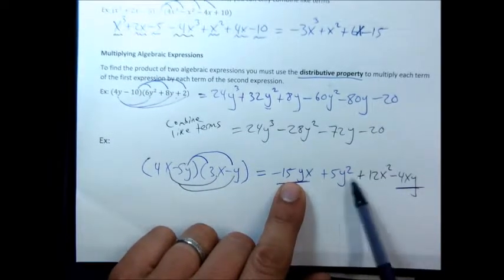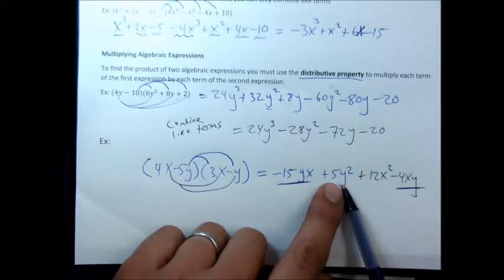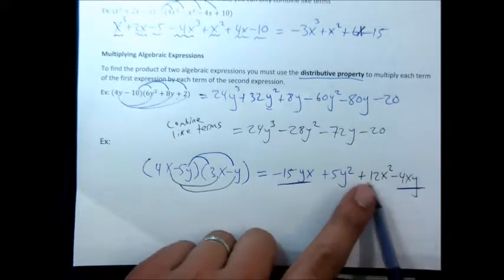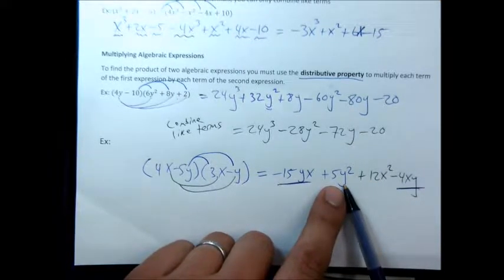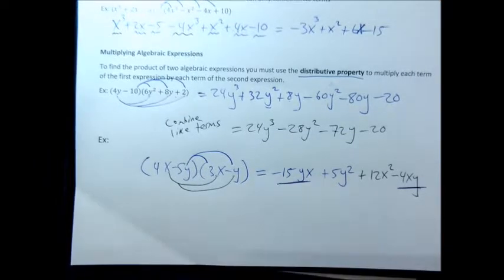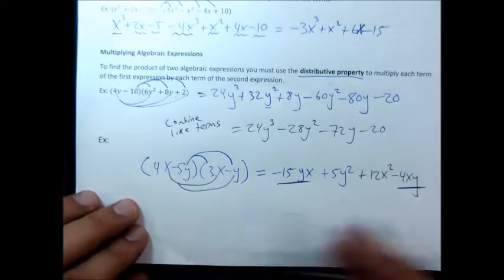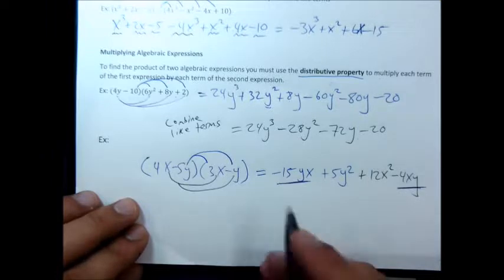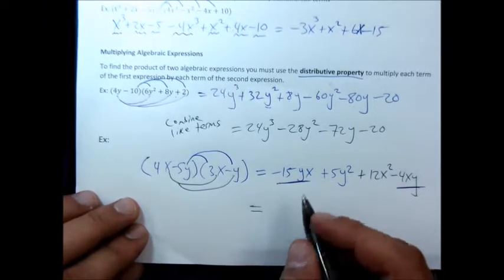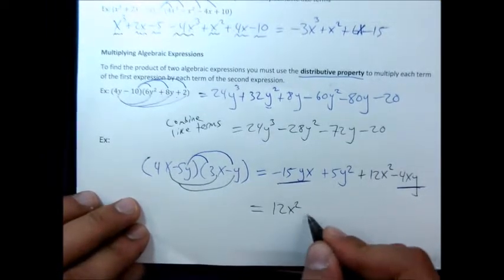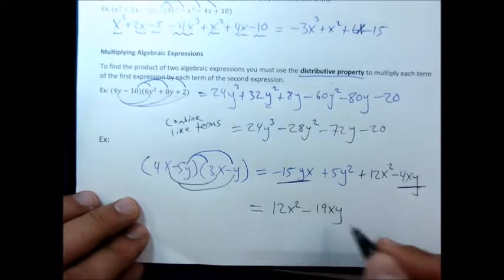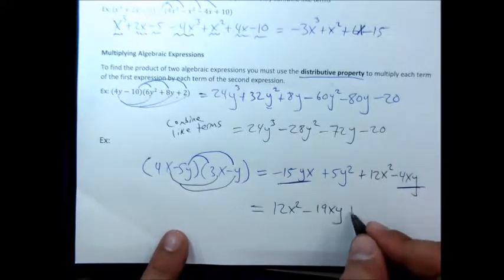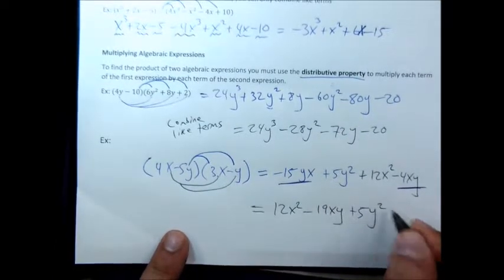So you can't combine anything else in there because this has a y, this one doesn't, this one has an x, this one doesn't, etc. It needs to be the exact same, right? And so when we simplify that, then we combine those two and we get 12x squared minus 19xy or yx, either one, plus 5y squared.